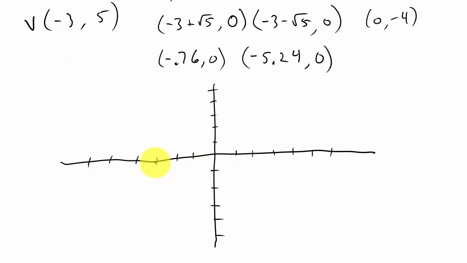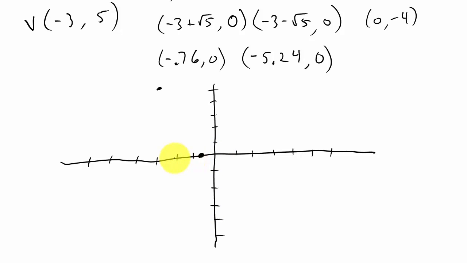I've got -3, 5, which is right there. Okay. And then I have -0.76. So that's almost to -1, but not quite. So that's going to be about right in there. And then -5.24.